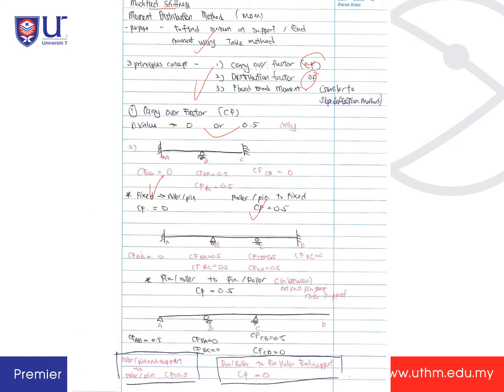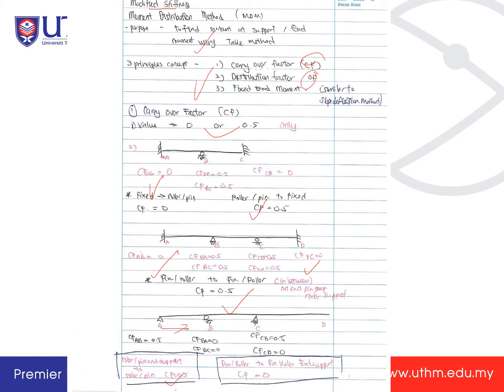Pin or roller to pin or roller is 0.5, in between the supports is 0.5. This one is fixed to pin, which is the same as just now, also 0. CD is 0. But here, roller or pin and support to roller or pin is 0.5, from here to here is 0.5.